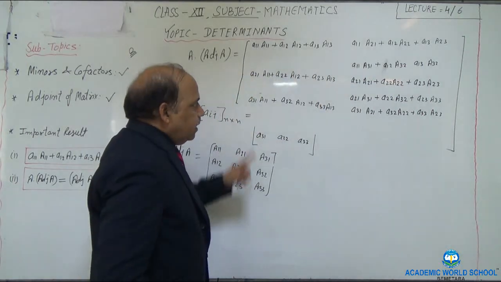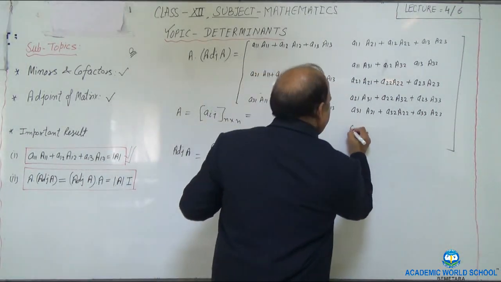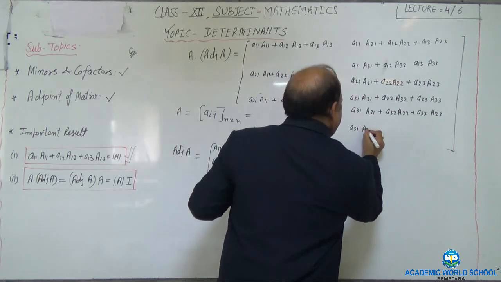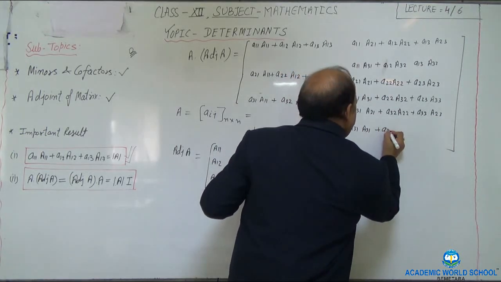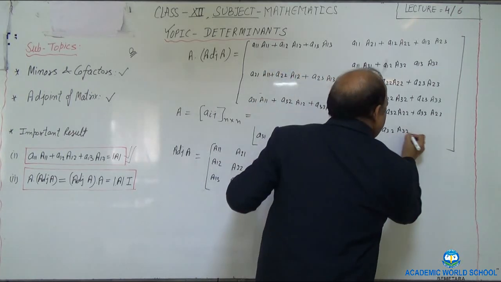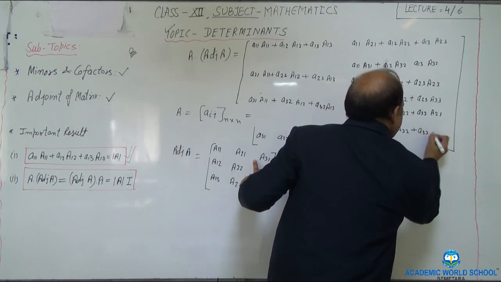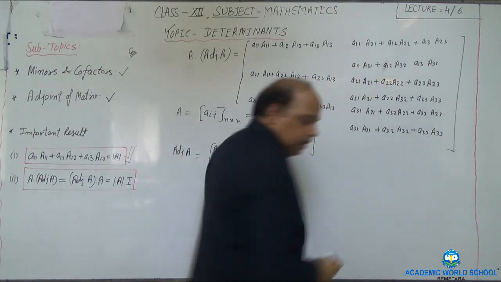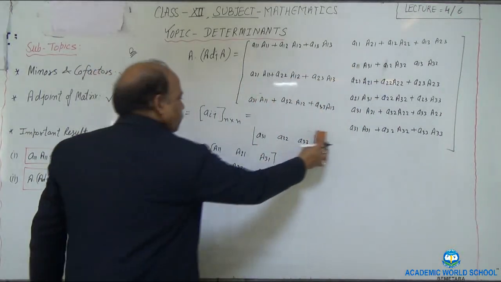Fine. And now the last element. This gives you A31 times A31 plus A32 times A32 plus A33 times A33. Now this product is over.